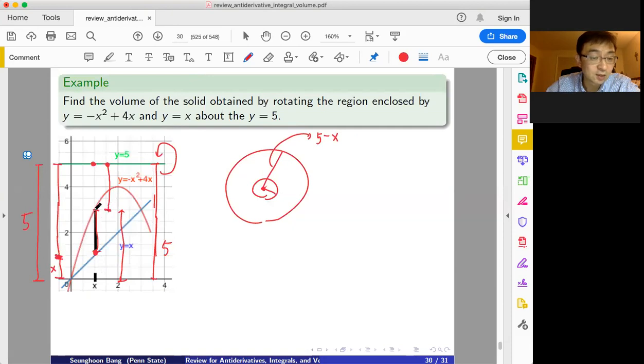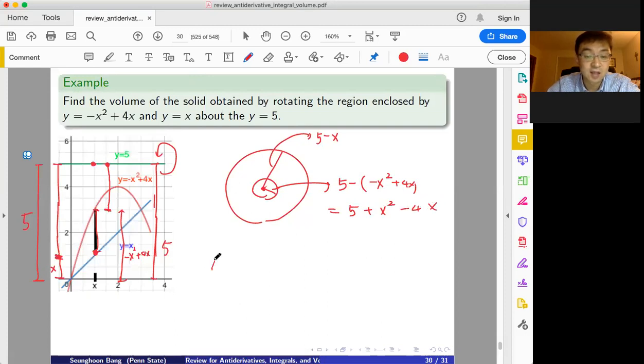This one is the point on the curve, negative x squared plus 4x. So the inner radius is 5 minus negative x squared plus 4x, which is 5 plus x squared minus 4x.